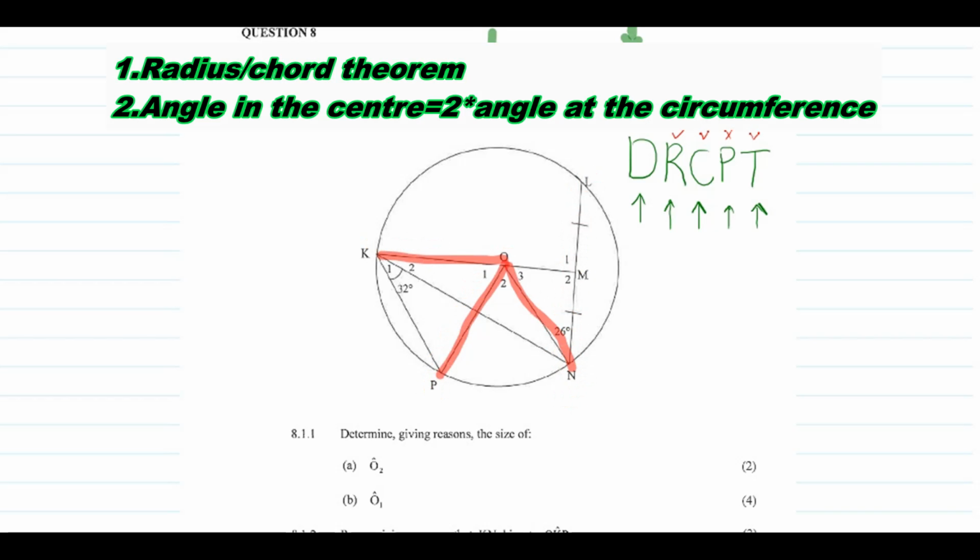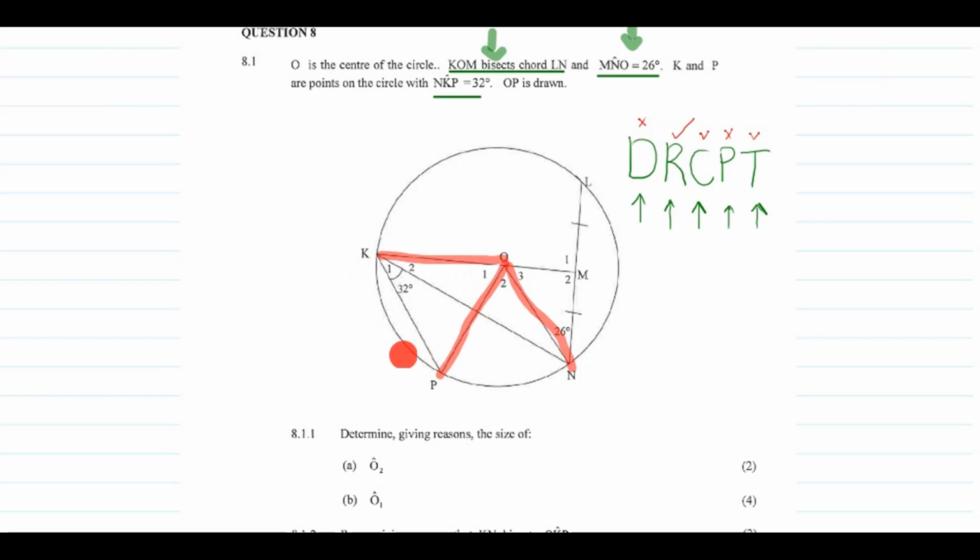The first theorem is the radius chord theorem, and the second is the theorem that talks about an angle at the center and angles on the circumference. If you don't know what I'm talking about, please make sure that you go and watch the summary video that I've created for you. The link will be in the description box.